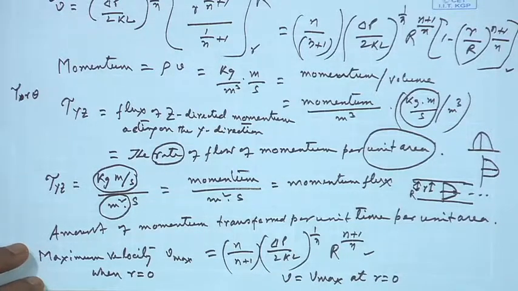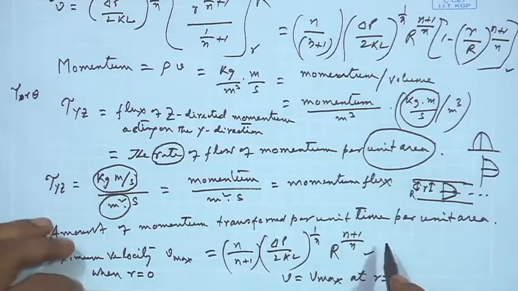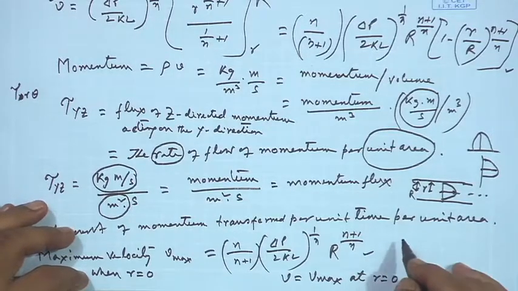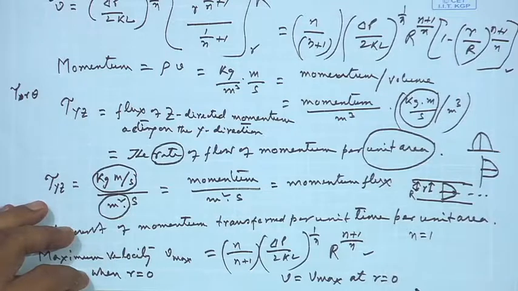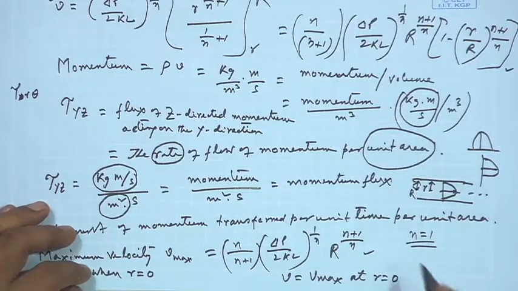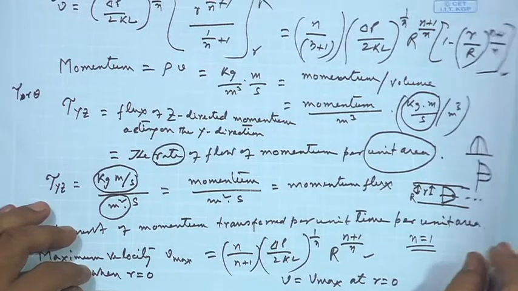Now, here also we can see, we had told you that limiting condition. This is the non-Newtonian, and now if we put n is equal to 1, that is if it is Newtonian, then it becomes 1 by 1 plus 1. Okay, let me write in another page.